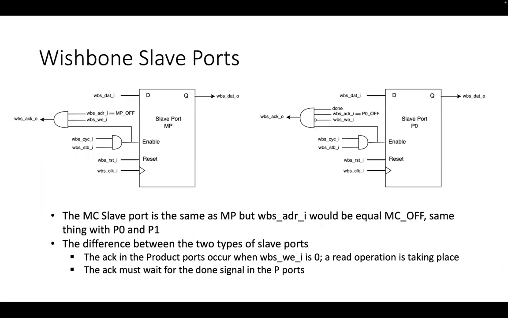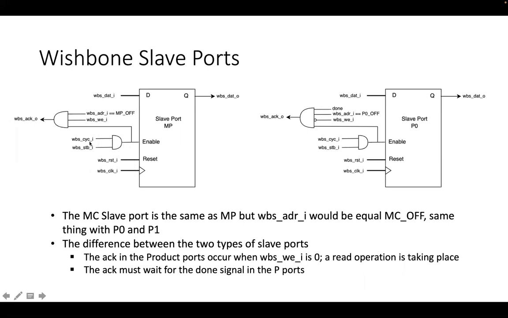So to conclude this part of the session, this is a look at the slave port block diagram. We can find that a slave port for the multiplier, for example, the slave port called MP, will have a connection to the wishbone clock and reset signals.